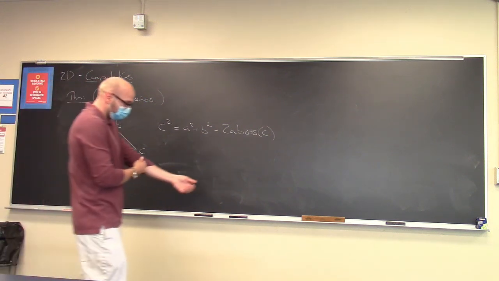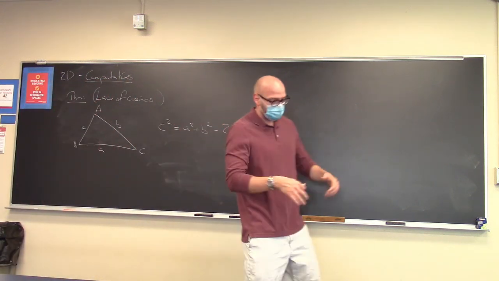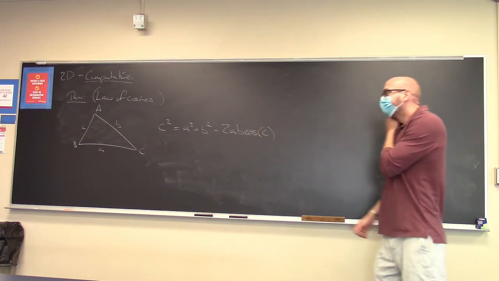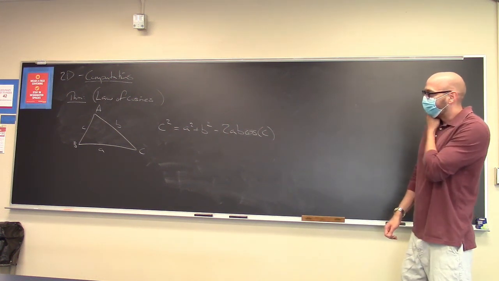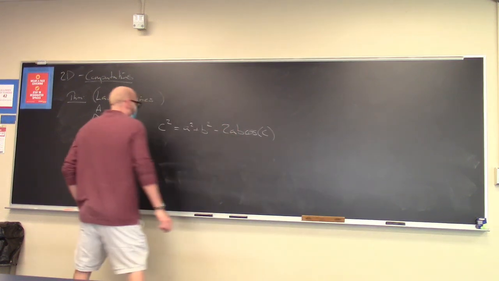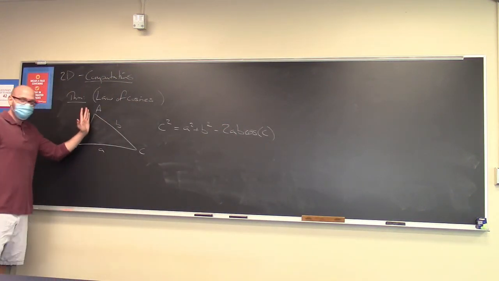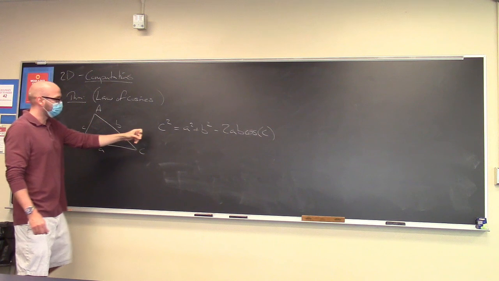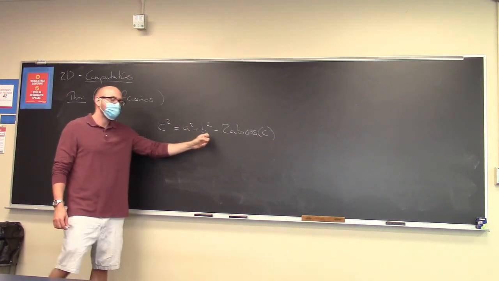And I want to point out something special here that maybe you haven't thought about: this looks a lot like Pythagoras' theorem, right? The Pythagorean theorem applies for right triangles, in which case we just have c squared equal to a squared plus b squared.